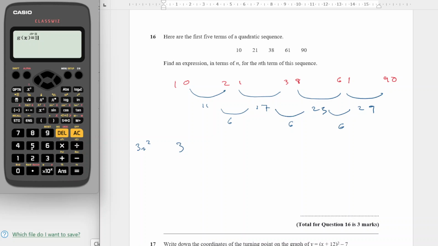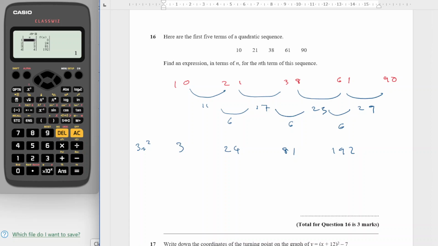And I just want to go 1 to, to be fair, 1 to 5 is fine. So I've got the numbers 3, then I've got 24, 81, and then 192.